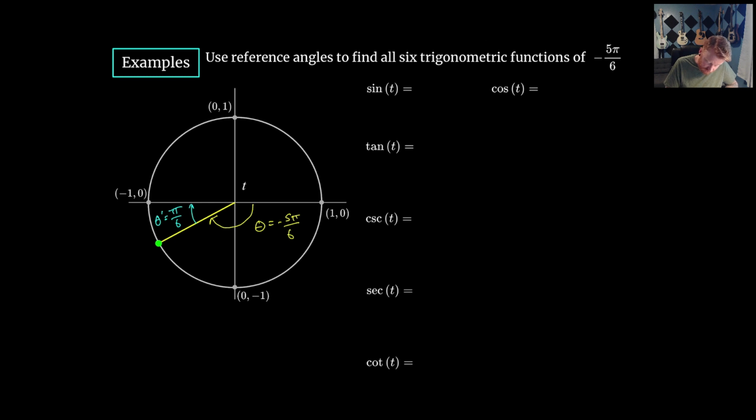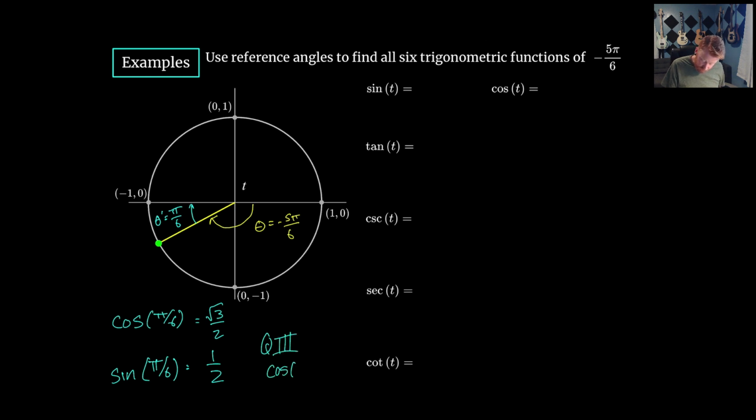So let's just use things that we know about pi over 6. We know that the cosine of pi over 6 is equal to the square root of 3 over 2. And we know that the sine of pi over 6 is equal to 1/2. Since we are in quadrant 3, we know that the cosine of whatever angle is going to be negative, and the sine of whatever angle is going to be negative.